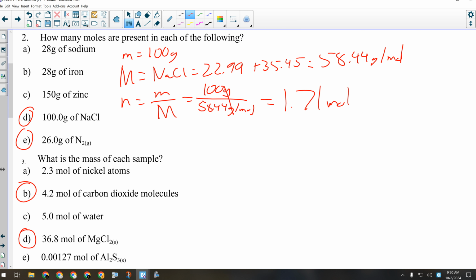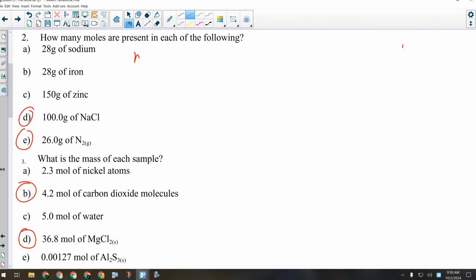Okay, for E, we got 26 grams of nitrogen. All right, so in that one, we know the mass, 26.0 grams, and we know the material is nitrogen gas. That's going to have a molar mass of 28.02 grams per mole. Why?